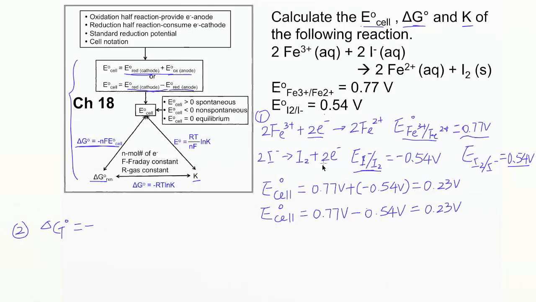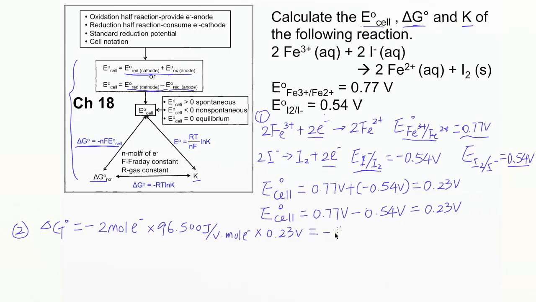Based on these two half reactions, if they are balanced, then you will see that the number of moles of electrons transferred is 2 mole, times the Faraday constant, 96,500 joule per volt per mole of electrons, and times the Ecell, 0.23 volts.